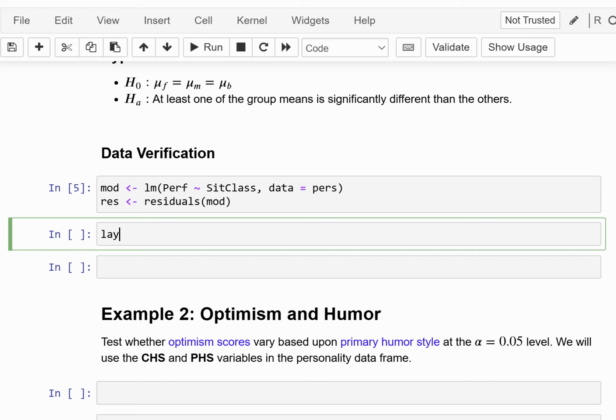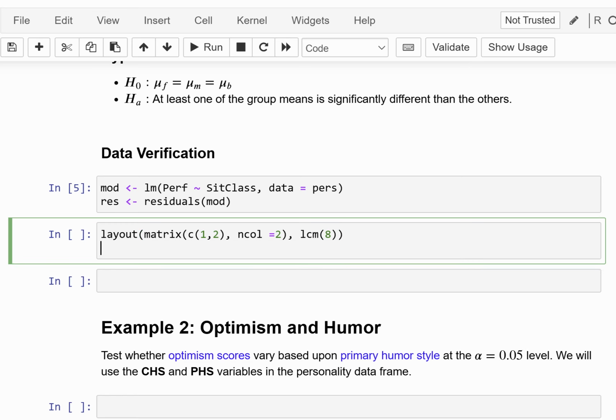So I'm going to do the layout matrix. I hope this is becoming pretty routine for you, right? Because it's comma numcol equals 2. And then again, LCM is usually good around 8 or 9, but we'll try things up to 11 or 12 to make it work.